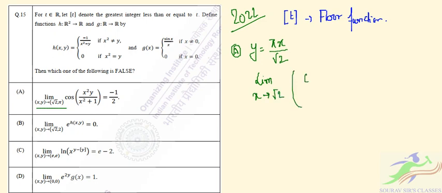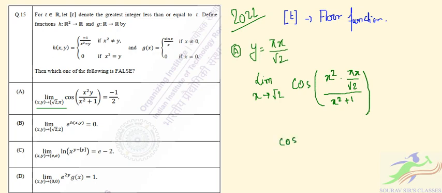So put the value in: cos of x square times pi x by root 2 divided by x square plus 1. Okay, now put the limit x equal to root 2.